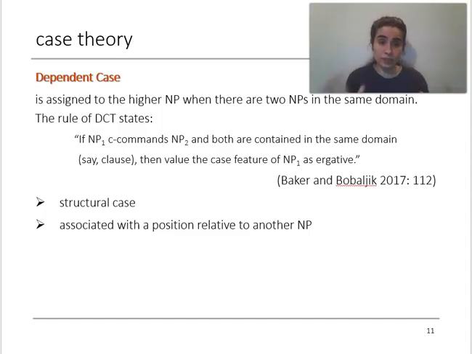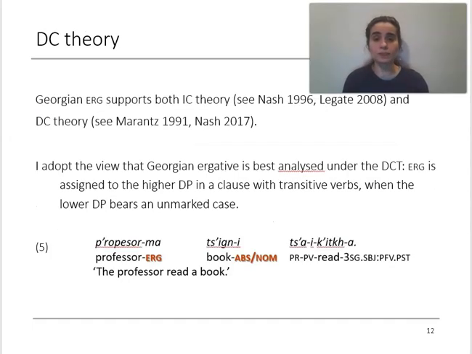So if we see Georgian examples, we must always have a transitive structure, transitive construction, to have ergative on the subject, following dependent case theory. So Georgian ergative supports both theories, IC theory and DC theory.